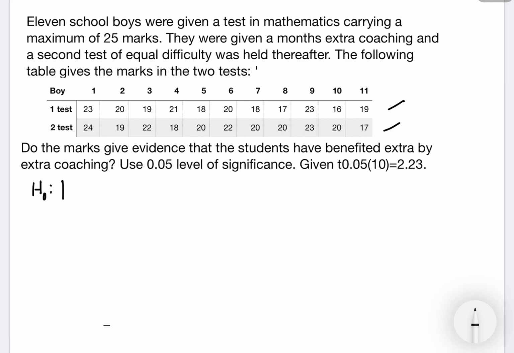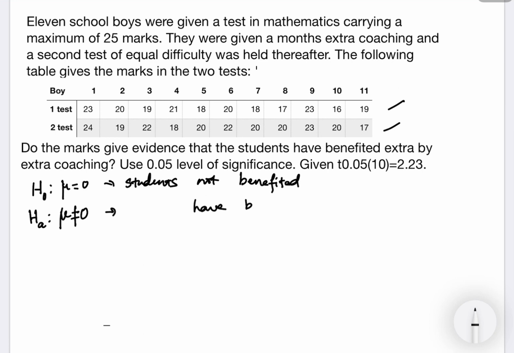That means there is no change at all, so mu is equal to 0, the students not benefited from the extra coaching, and your HA will be mu not equal to 0. That means the students have benefited from the extra coaching.